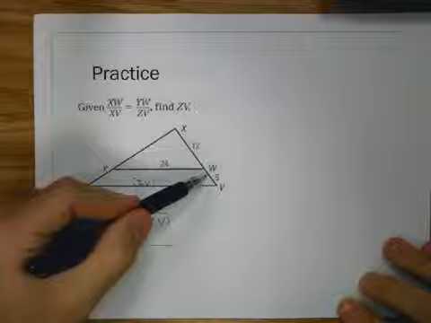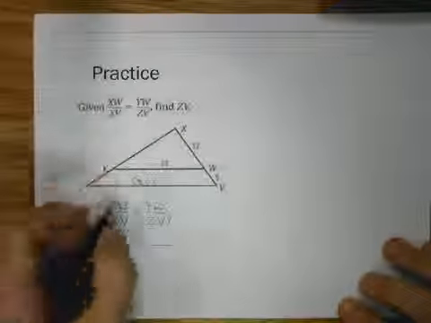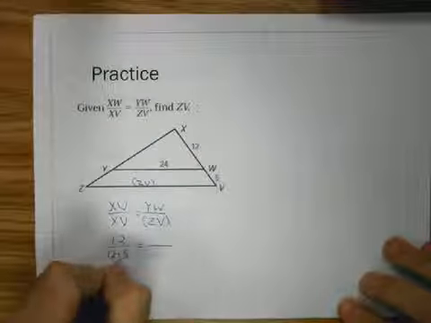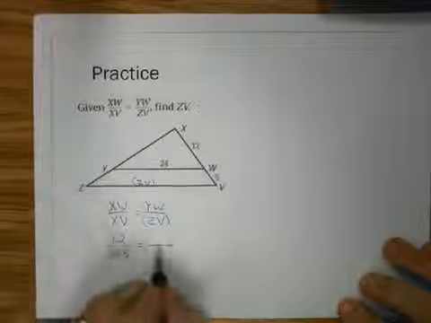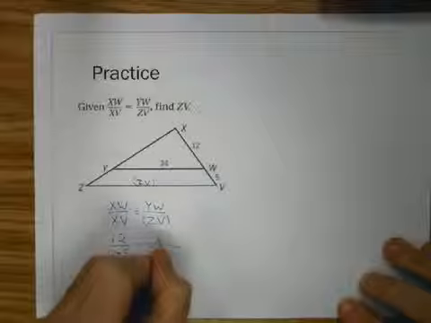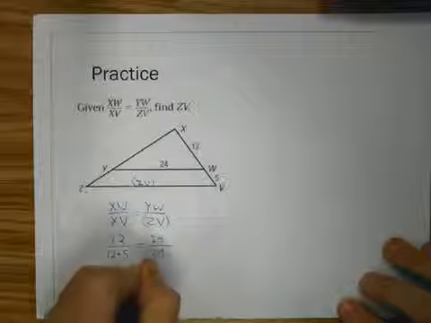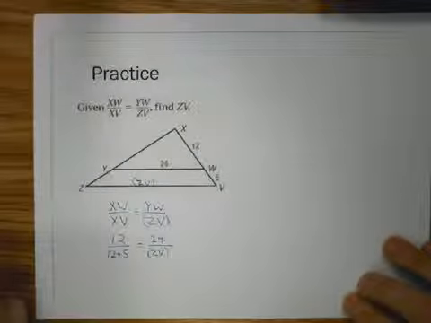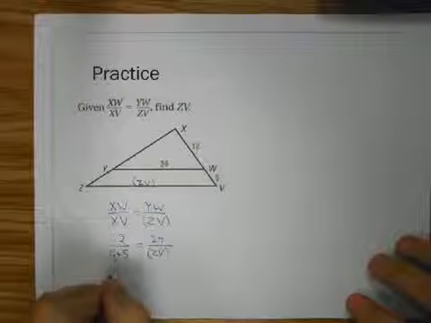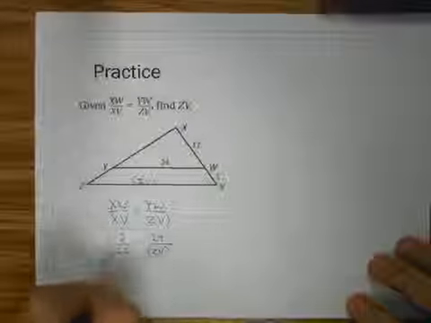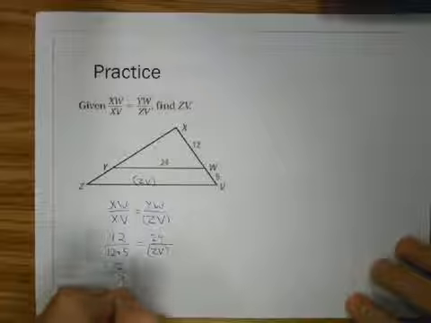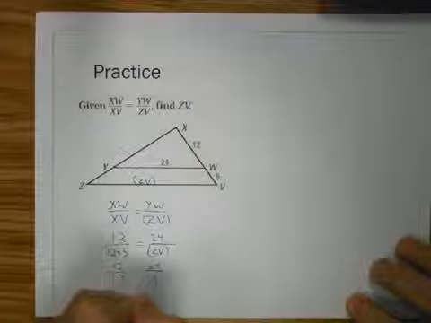So I know XW is 12. XV, well, XV is from this top vertex to this bottom vertex. So it's not necessarily just a 5, it's the whole thing. Or 12 plus 5. Then we have YW, that's 24, and ZV, again, what we're solving for.